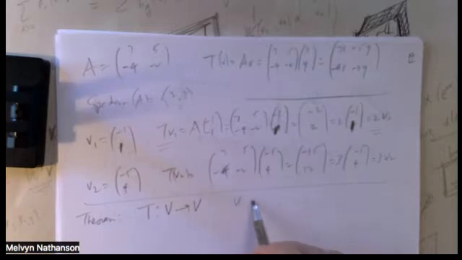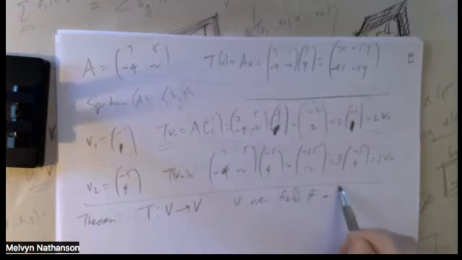So the first theorem about eigenvalues is the following. I have a linear operator T from V to V over a field F. So V is over the field F, which can be the reals or the complexes.